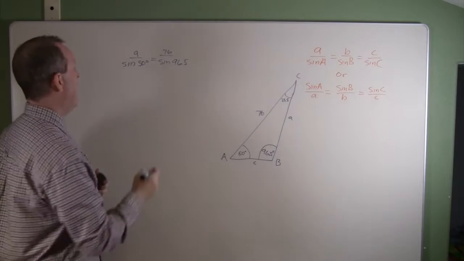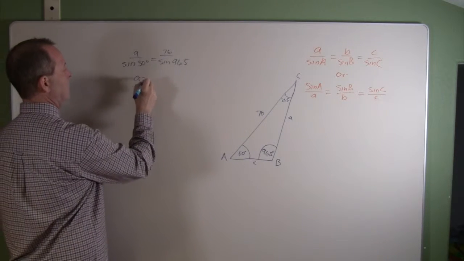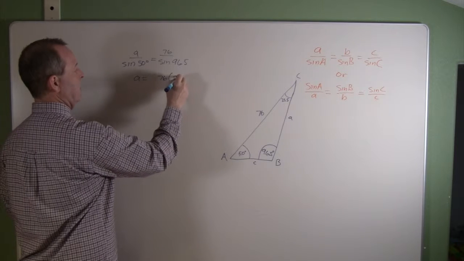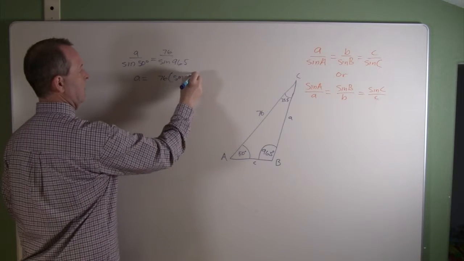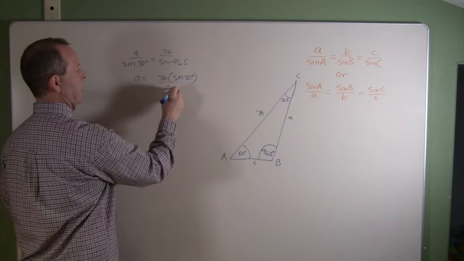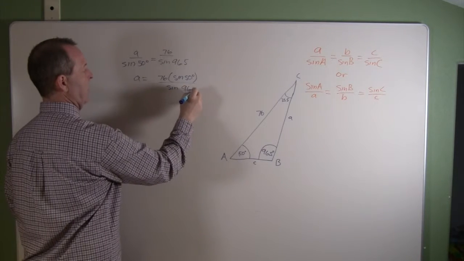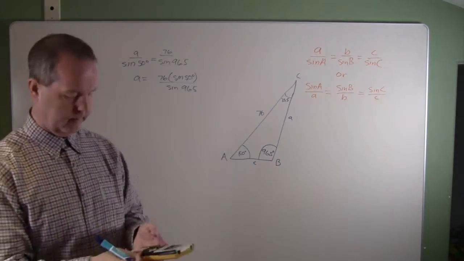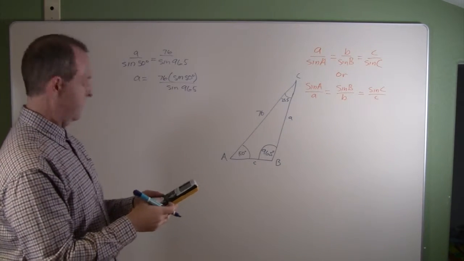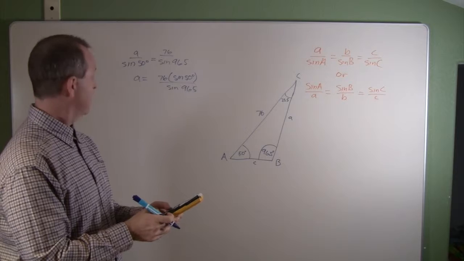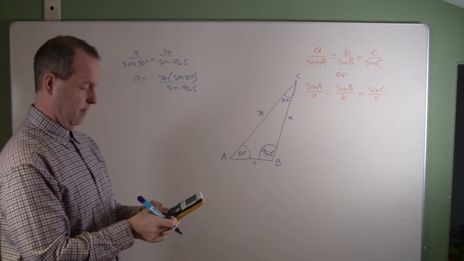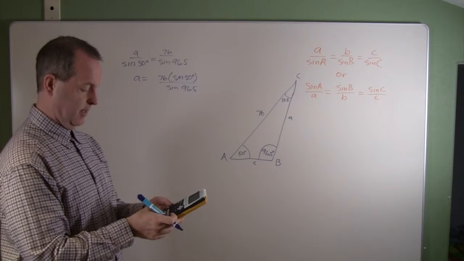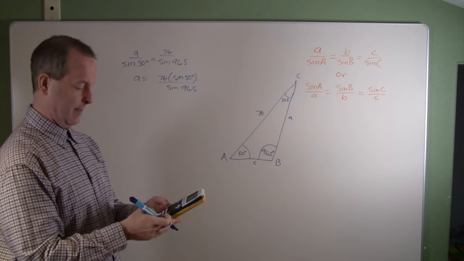And then I can solve that for A, and that equals 76 times the sine of 50, all divided by the sine of 96.5. And let's crank that out, see what we get here. 76 times sine of 50, close parentheses, divide by the sine of 96.5.